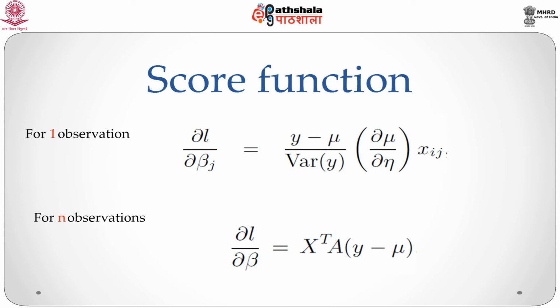The score equation is thus given for one observation by del L del beta j equal to (y minus mu) by variance of y into d mu d eta xij equal to 0.